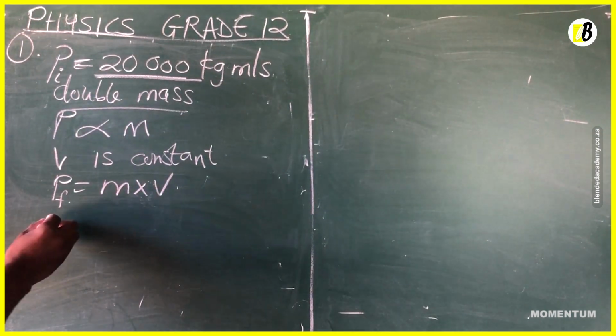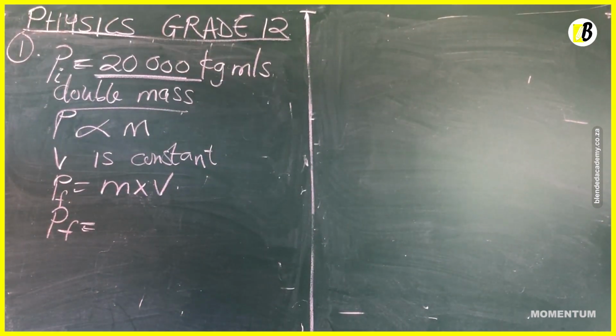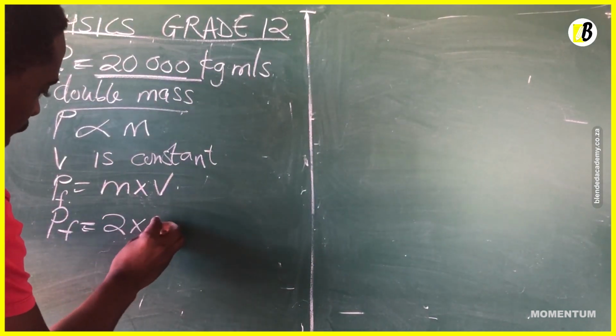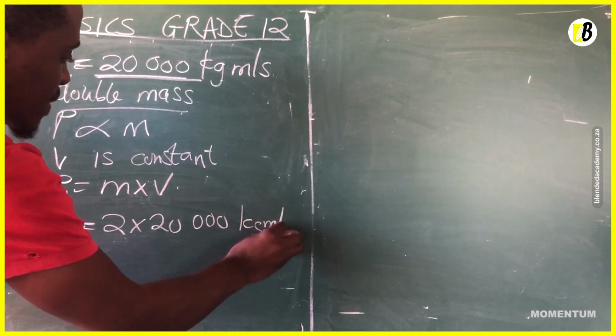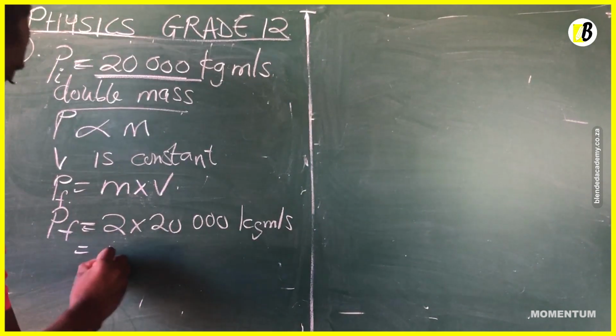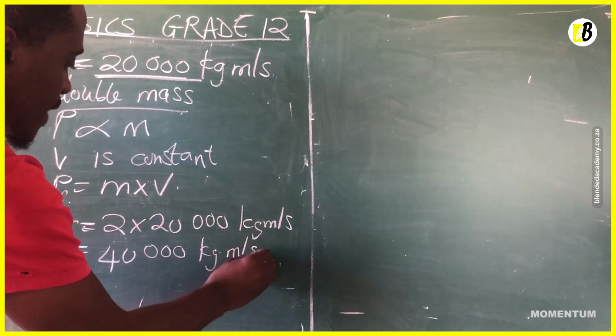So now, like I said, if the mass is doubled, that means the momentum is also doubled. So we just have to multiply this 20,000 by 2. It's going to be 2 multiplied by 20,000 kilograms meter per second. And in this case, we're going to have 40,000 kilograms meter per second.